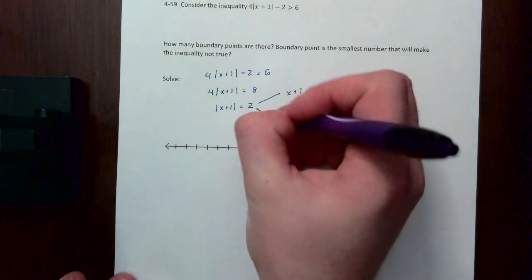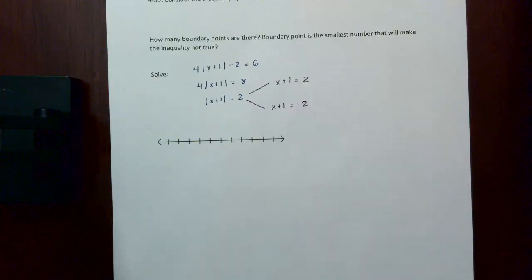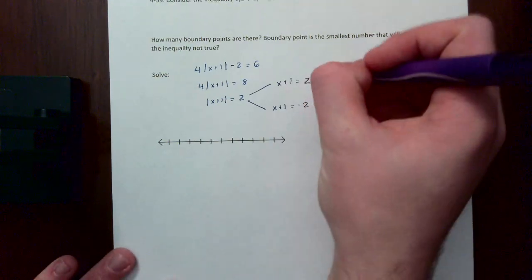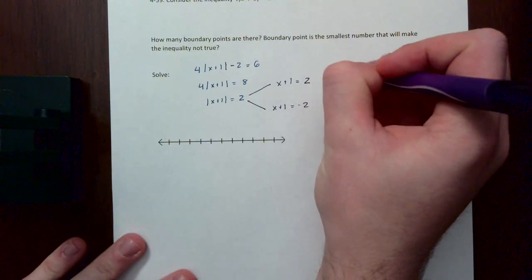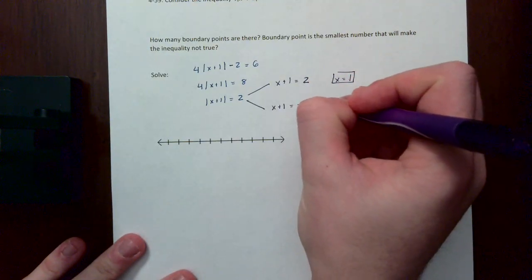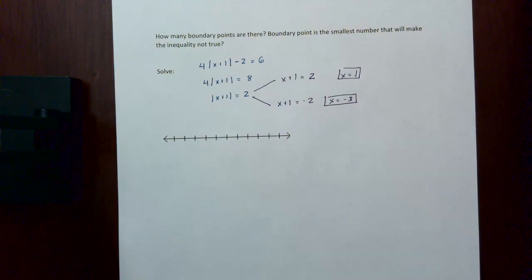And the other one is the opposite value of it, negative 2. Now, what we end up having is a one-step problem to solve. So I'm going to subtract 1 on both sides, and I'm going to get x is equal to positive 1. And then x is going to equal negative 3. So these are what we call our boundary points.